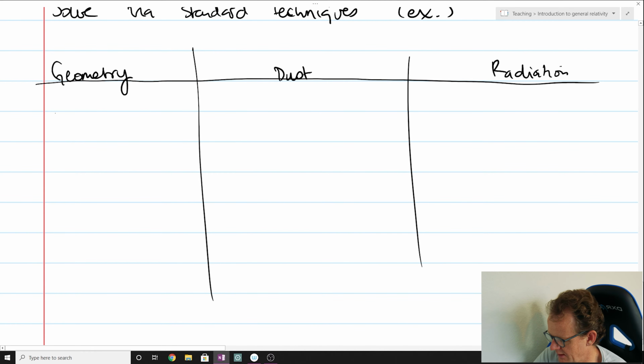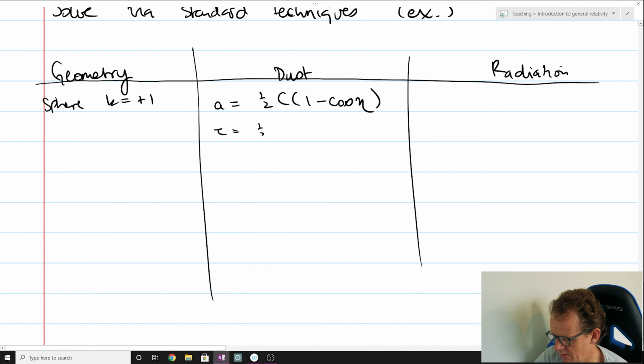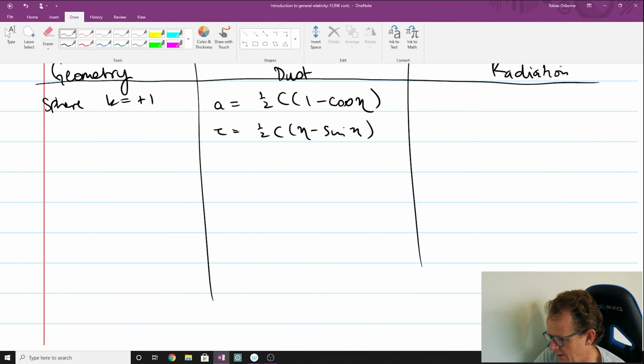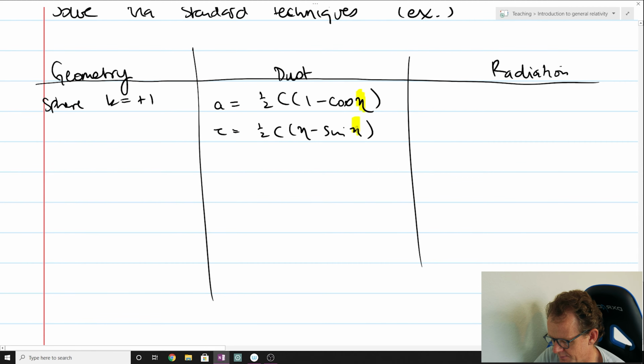But there are no fundamental physical reasons for things being difficult. It's just slightly awkward on a mathematical level. So this eta is a constant of integration that appears when you integrate these equations.